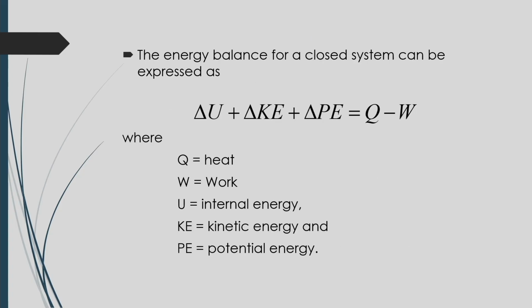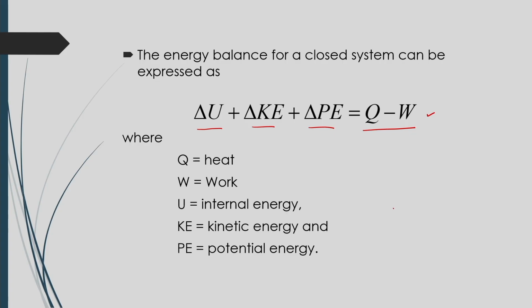And we can express this equation in difference form: delta U, the difference in internal energy, plus the difference in kinetic energy and the difference in potential energy, equals the heat input or output or work done by the system.